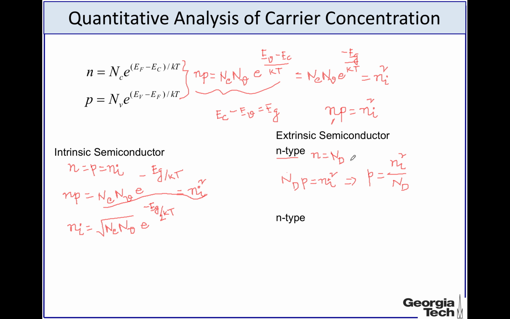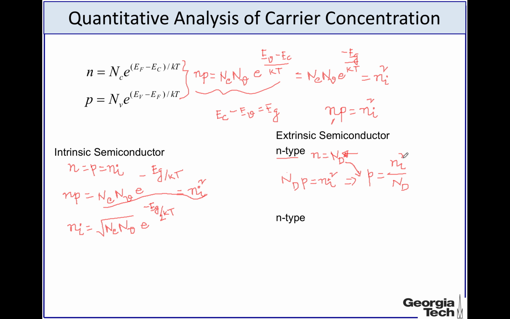So if you know the donor density in an n-type semiconductor, then you can also calculate the number of holes in that semiconductor.